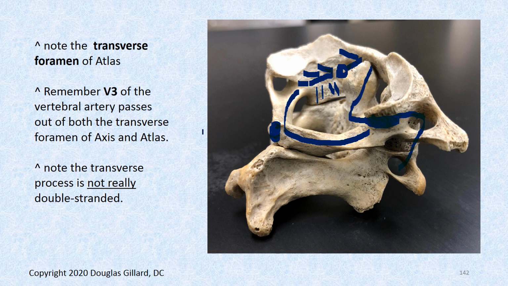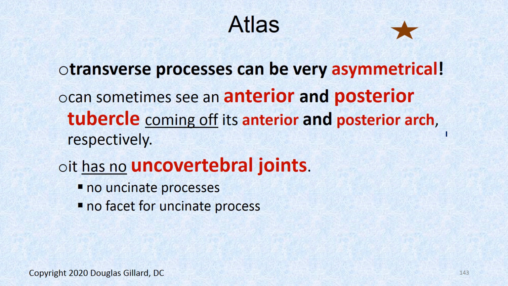All right, I think we got all of that. But you can see, you call that a double-strutted transverse process. I guess maybe, but it's not so markedly double-strutted, because you could say there's an anterior tubercle and a posterior tubercle, but definitely a strange beast.